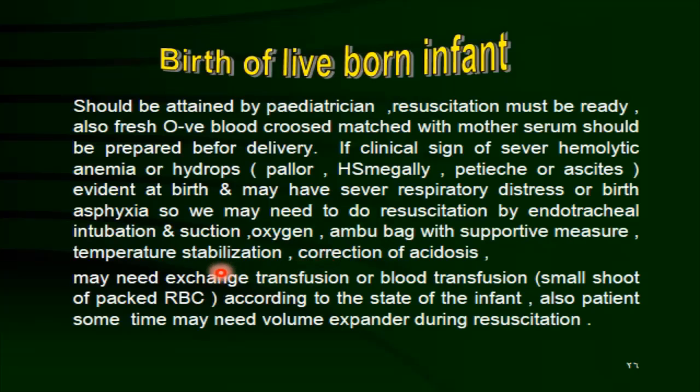At this time we may also need exchange transfusion or blood transfusion, small shots of packed RBC according to the state of the infant. The patient may sometimes need a volume expander during resuscitation.